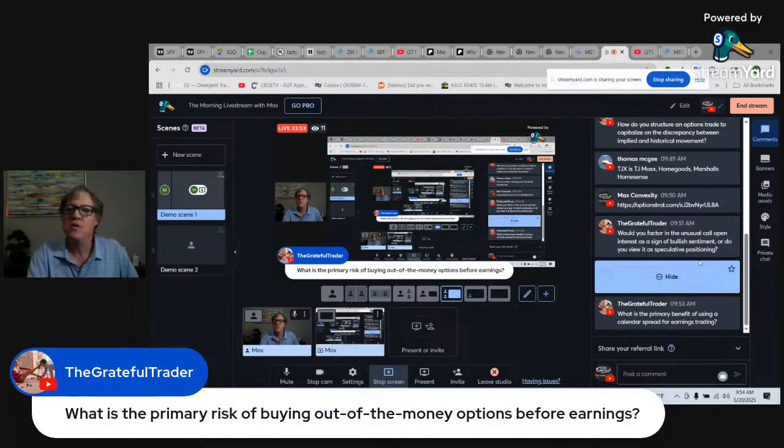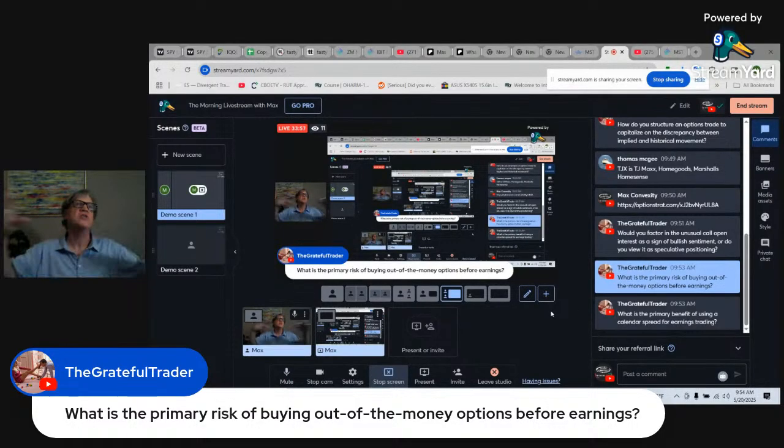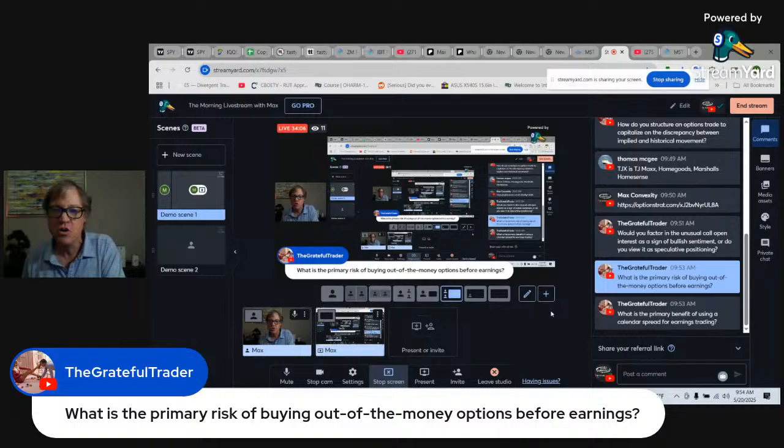So here's the other thing. When you buy an option right before earnings, it's a double whammy, because right before earnings, volatility is super jacked. So you're paying the highest price. It'd be like going to the strip club on New Year's Eve without a reservation, right? You're going to spend a lot of money. Same thing, right?